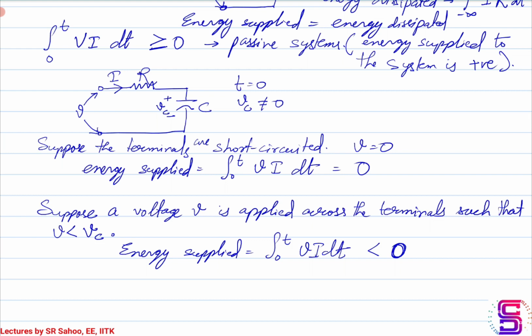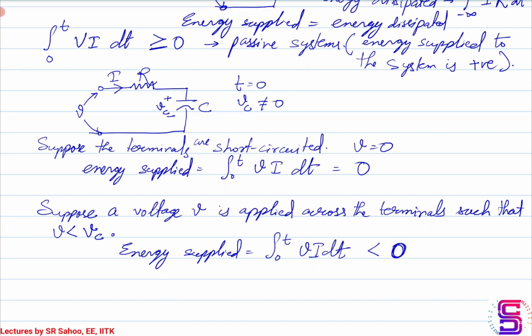Now, here we saw that when we short circuited, the energy supplied to the system is zero, so it still qualifies as a passive system when you have an RC circuit. But when we apply a voltage V across the terminals of the RC circuit, such that the voltage applied is less than the potential across the capacitor terminals, then the energy supplied to the circuit becomes negative.